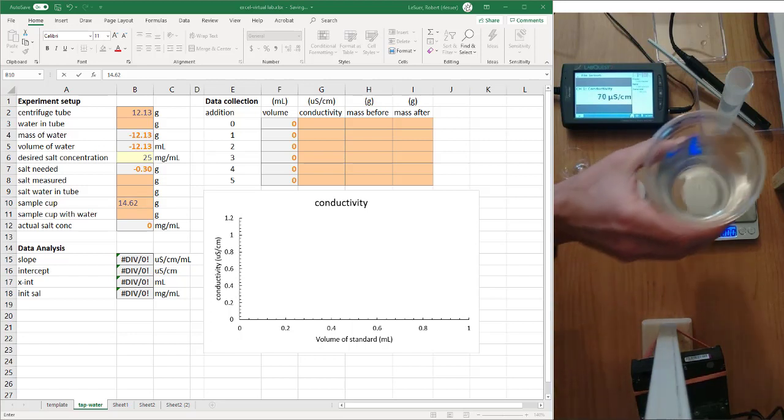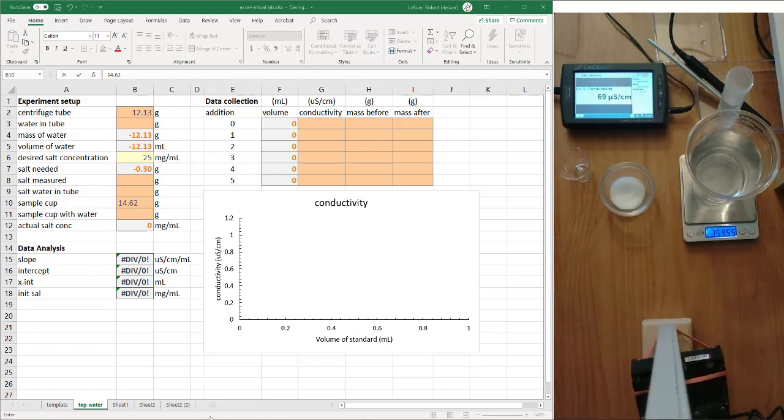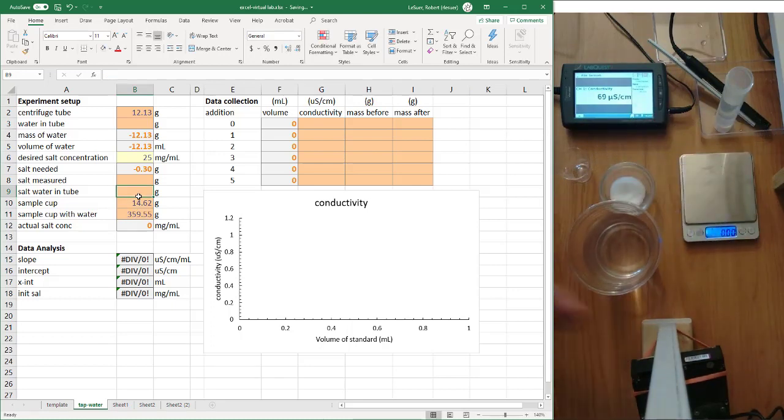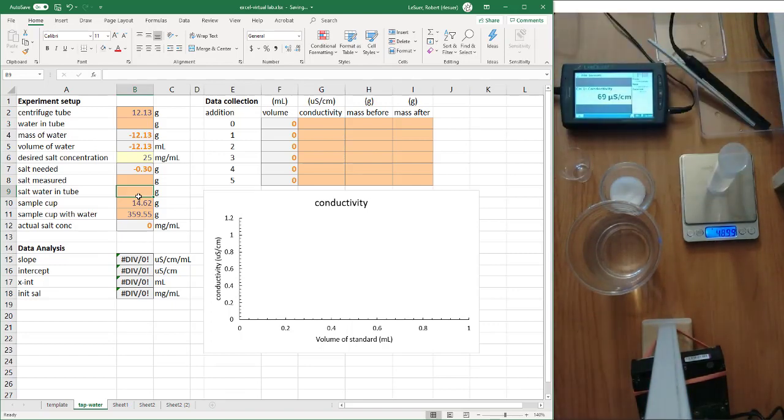Okay, I have some tap water in my sample cup, and if we measure that, that comes to 359.55. Put that in there. And we'll weigh the water that's in my centrifuge tube here, 48.99.